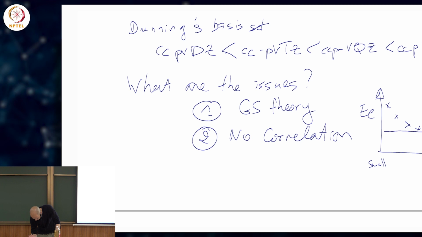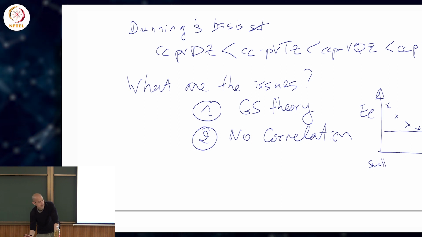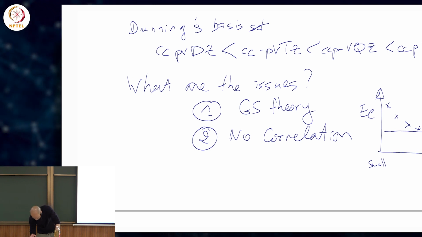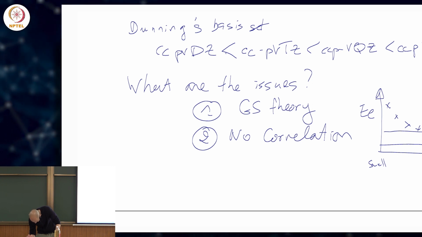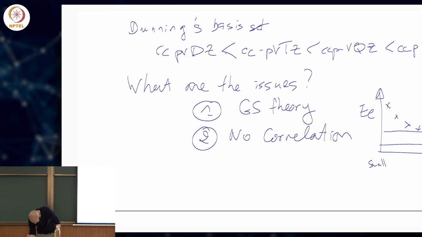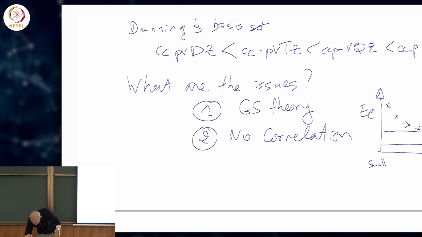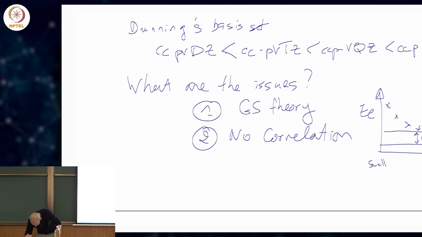So this here, that's what we call the Hartree-Fock limit. And this Hartree-Fock limit is always above the exact energy. And this difference here, that's what we call the correlation energy.